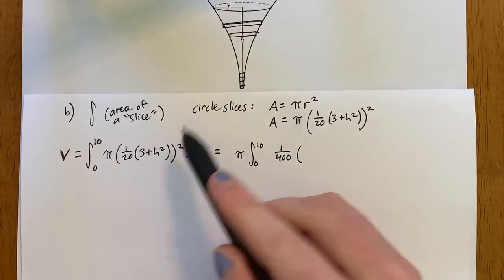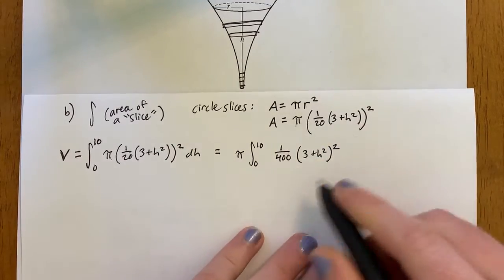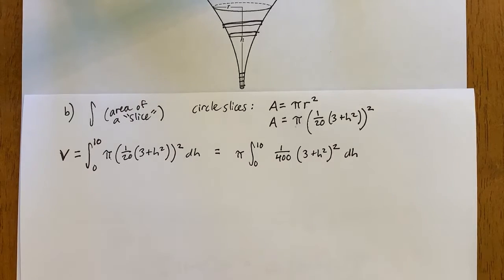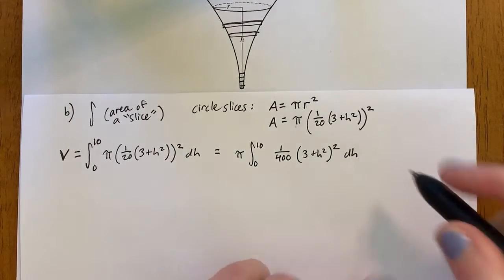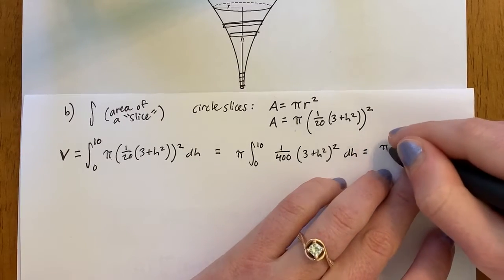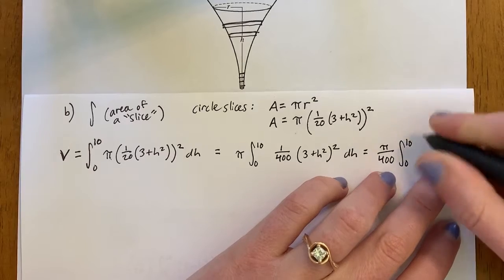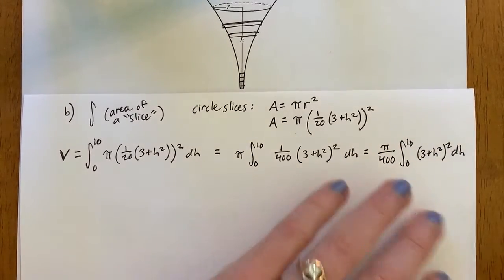And then this part would get squared, so 3 plus h squared would also get squared, dh. So I'm just squaring each of those. And then let's pull that other constant out to the outside. So I've got pi over 400 times the integral from 0 to 10 of 3 plus h squared squared dh.